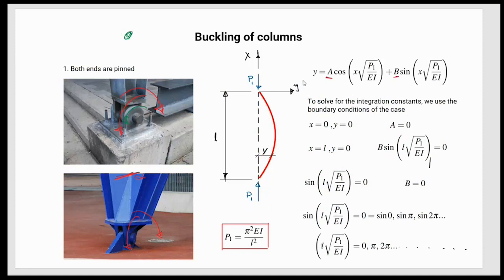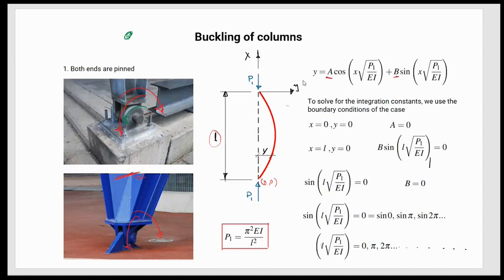The first boundary condition is that when x equals 0, taking into account that this is the 0 point, this is 0, 0, then y equals 0, meaning there is no deformation here. The second boundary condition is that when x equals L, and look at the L we're using here, the deformation is also going to be 0, because as it can rotate, it's not going to go anywhere.